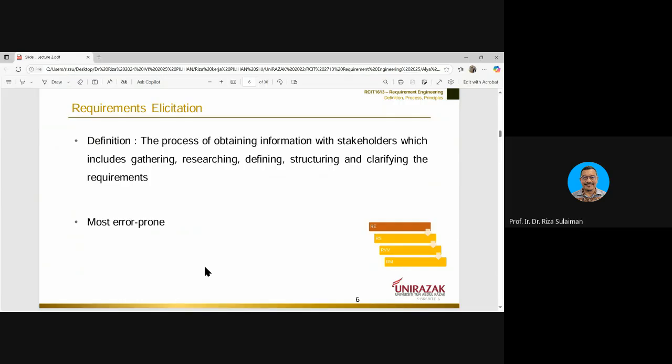You need to clarify everything that you discuss with your stakeholder. Remember, in the first class I reminded you that in requirement engineering, sometimes we are the stakeholder, and sometimes we are the developer of a system, and we have to inform our stakeholder. So clarifying the requirement is very important.